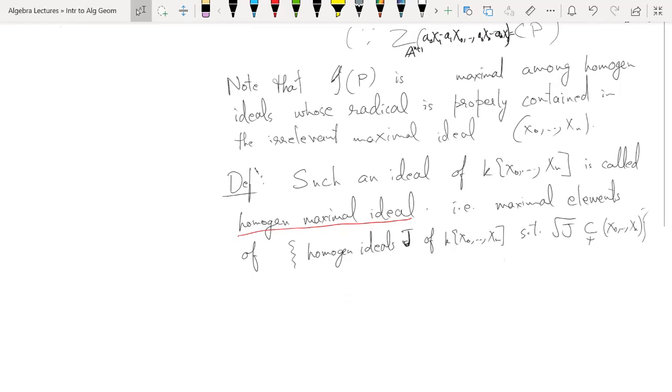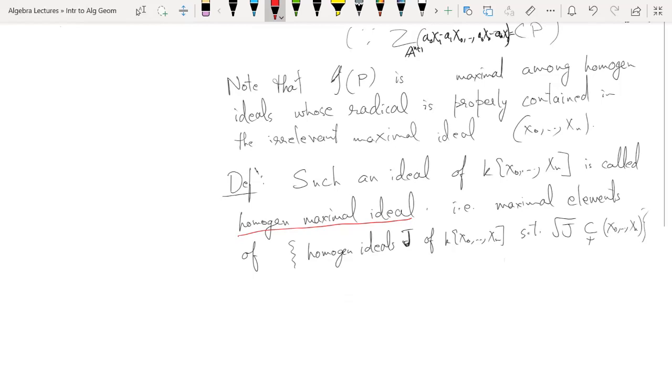It's important to put the radical, because you can take a square of this irrelevant maximal ideal. The zero set of the square of the irrelevant maximal ideal is also going to be the origin, and it won't correspond to any point in the projective space. So we should take this.